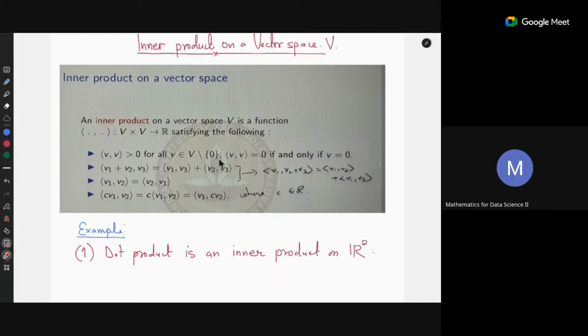On Rn itself, you can define a different inner product where the first condition is not satisfied.